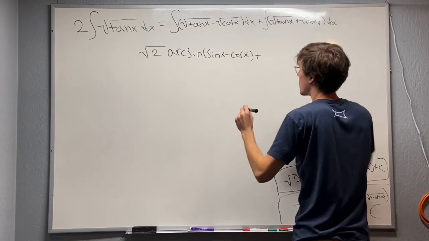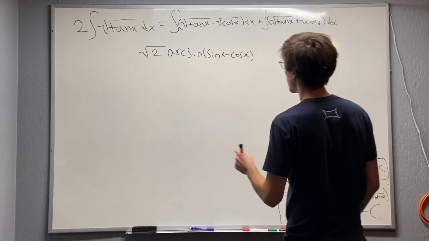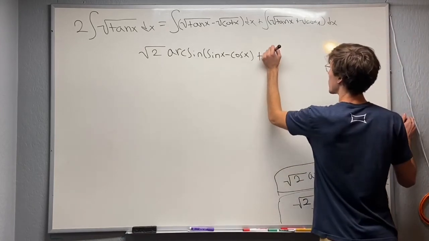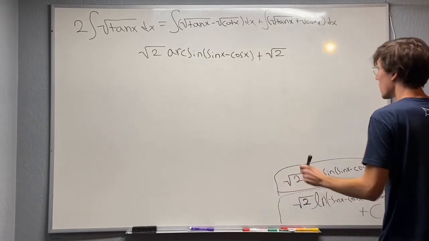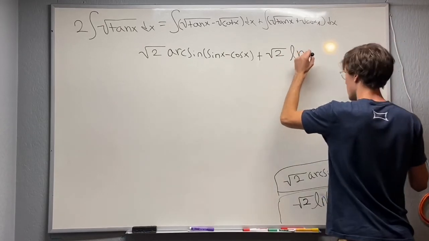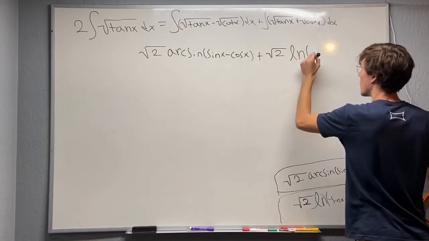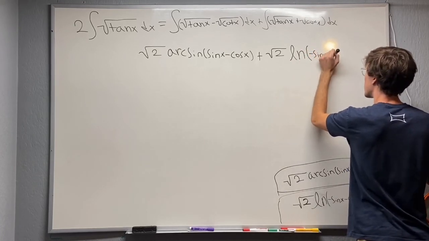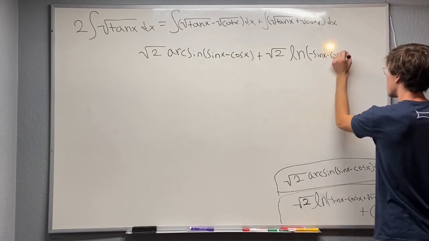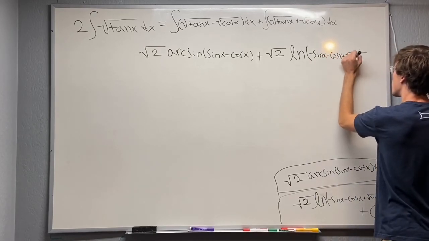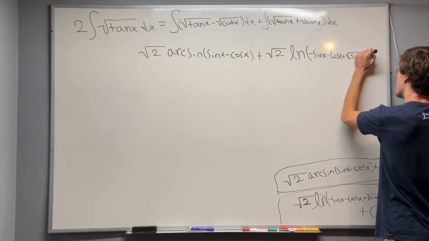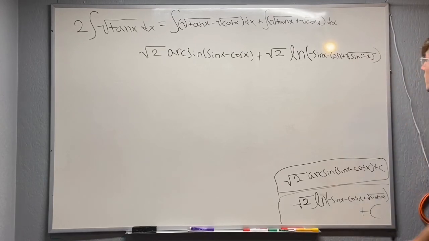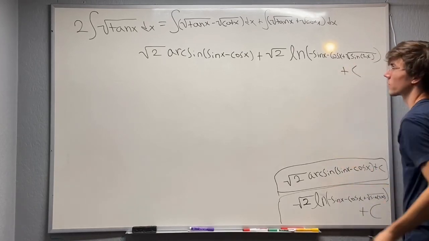plus, let's just plus, yeah, let's do that, root 2 times the ln of negative sine of x minus the cosine of x plus the square root of the sine of 2x, plus c, of course.